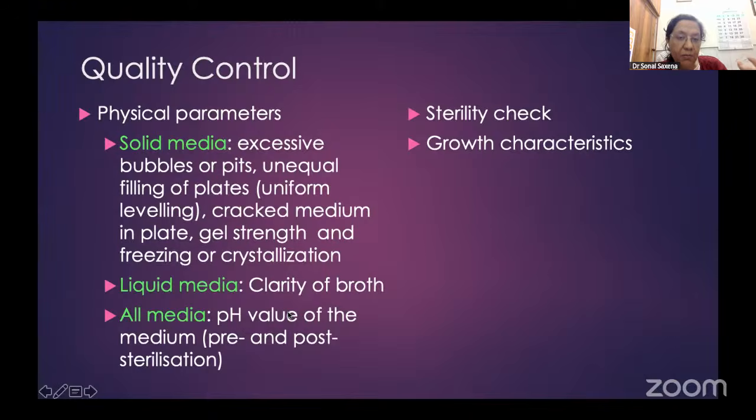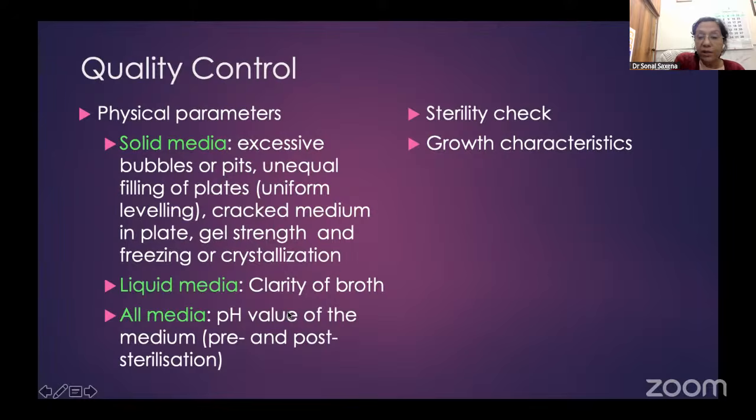So the gel will become more solidified, or the reverse might happen. Sometimes you put the plates in the fridge and go away for the weekend, and you come back on Monday and realize half of your plates are frozen. So all these you have to check immediately, either when they have been poured or when they have been delivered. You should do this.